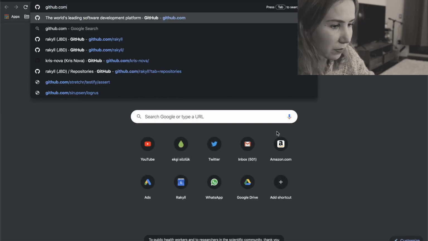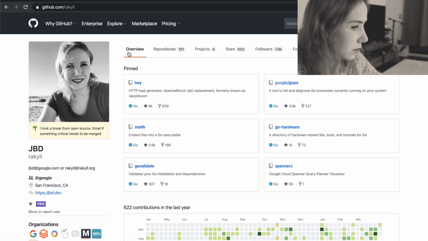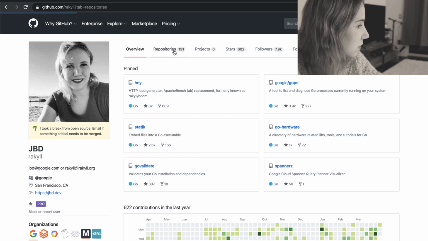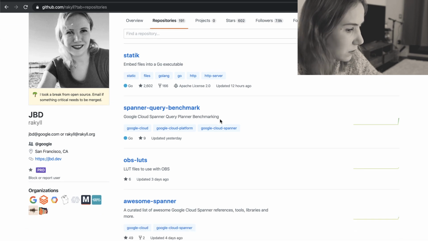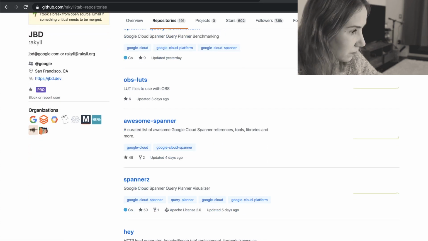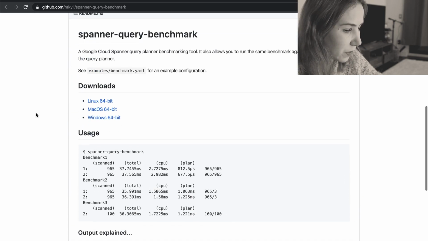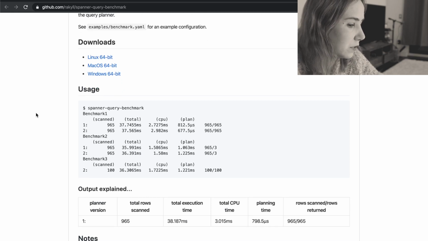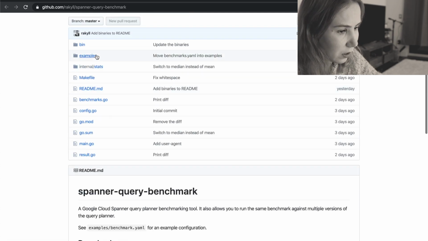I've been working on some additional tools as a side project. There is a benchmarking tool I've been working on, so if you're interested in just seeing how many rows have been scanned in order to serve a query and so on, this is a good benchmarking tool.